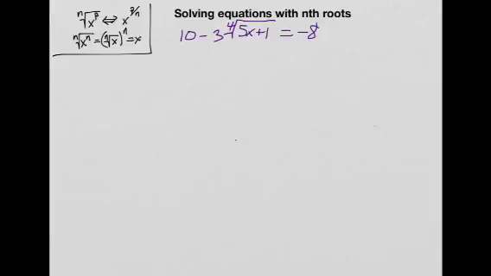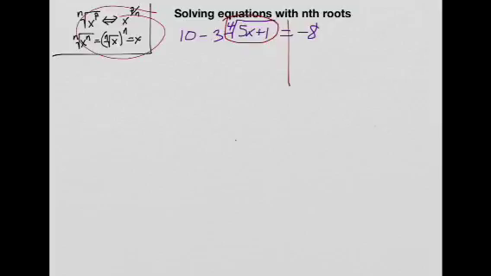Finally, let's look at this problem. This one has a whole lot going on. But again, I'm going to look at this right here. Here is my radical, so I need to get rid of everything else so that I can use my properties over here to undo that fourth root.